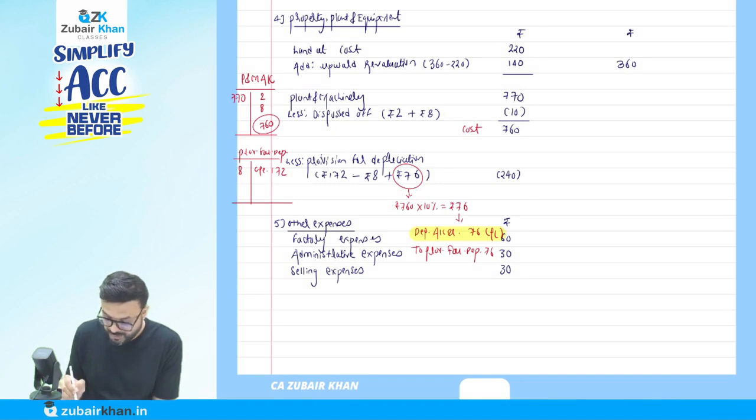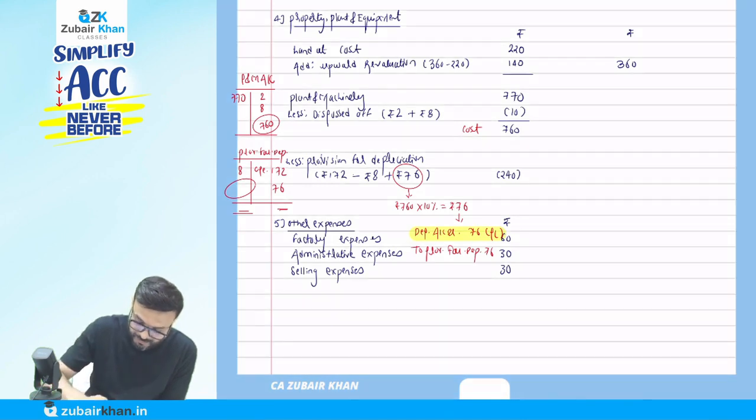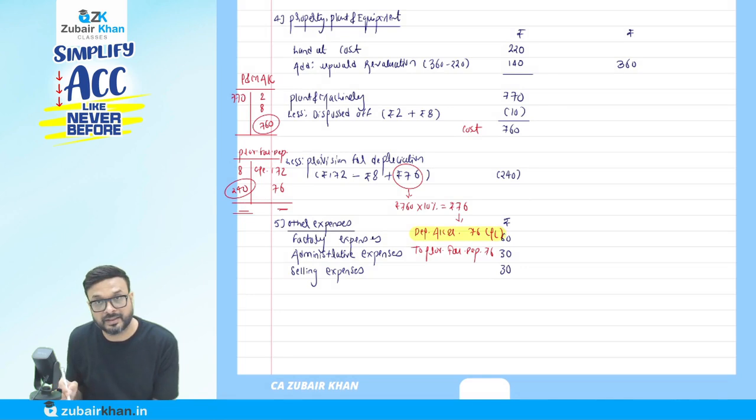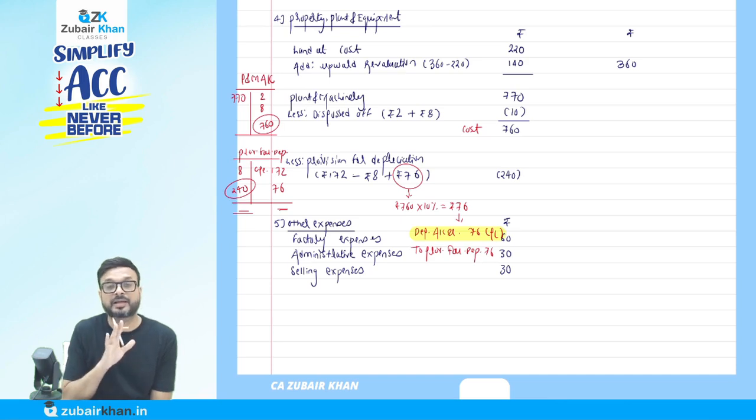We can see that we credited the provision for depreciation account by 76. If I credit 76, how much is the balance coming? 172 plus 76 minus 8, that is coming 240. So if we cross check, 240 is the balance here, and here it is coming 240. You got the point? So try to connect it with these accounts, debit and credit here. Okay.